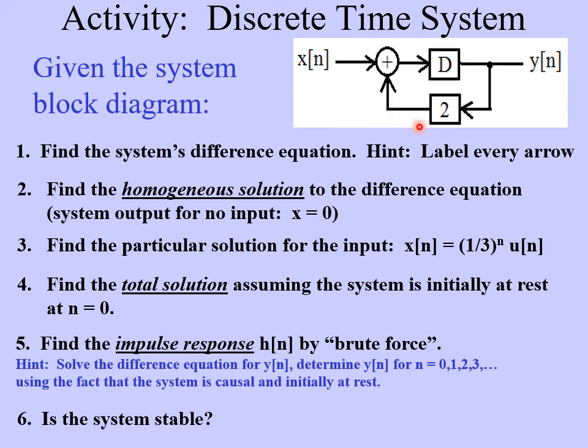What you're given here is this simple block diagram for a discrete time system, and you're asked to answer the following 6 questions here. So go ahead and pause the video and see if you can work out the answers to these, and we will discuss the answers next.